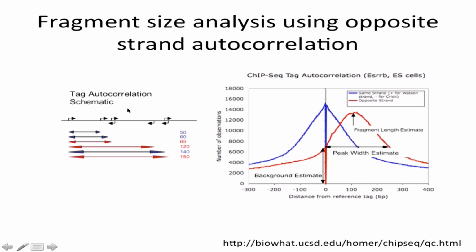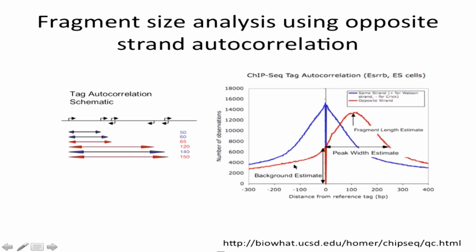So the way you go about this is that you calculate the distance between reads in one direction, say blue reads, and the next read in the same direction, okay? And if you were to do that genome-wide, you would get a distribution like this.